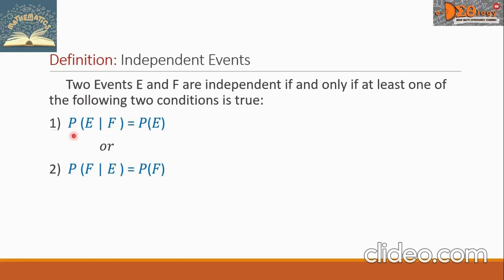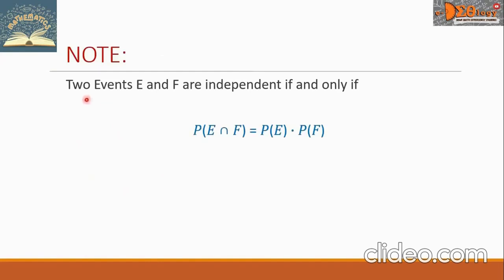Number one, the conditional probability of E given F equals the probability of E. Or number two, the conditional probability of F given E equals the probability of F. Take note, two events E and F are independent if and only if the probability of E intersect F equals the probability of E times the probability of F.